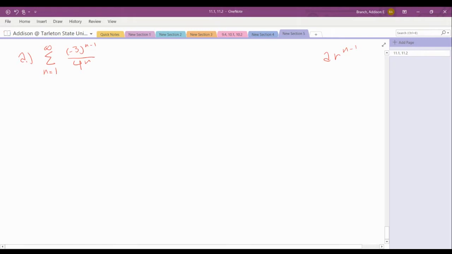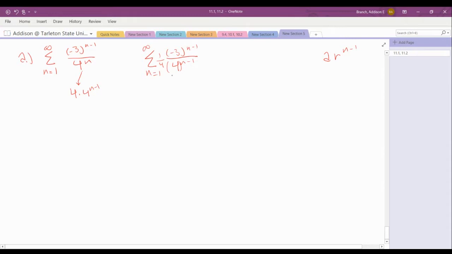So we have an n minus 1, but we also have an n. This isn't that hard to work out, because we can pull a 4 out and say that we have 4 times 4 to the n minus 1. So we can rewrite this as -3 to the n minus 1 over 4 to the n minus 1 times 1/4.